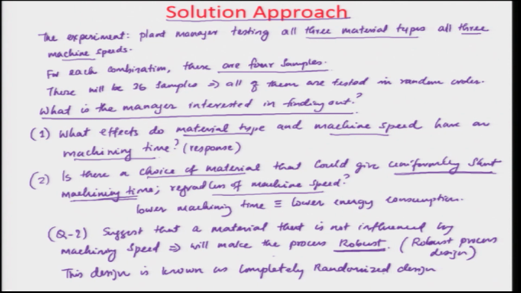Okay, because all the 36 observations are totally randomized and the data is collected according to the random setting of each material and the machining speed. So, what are the hypotheses we are trying to test here and what is the effects model that we are looking into. Okay.